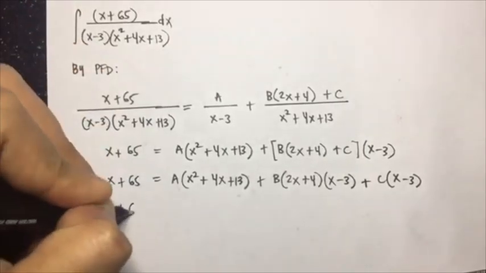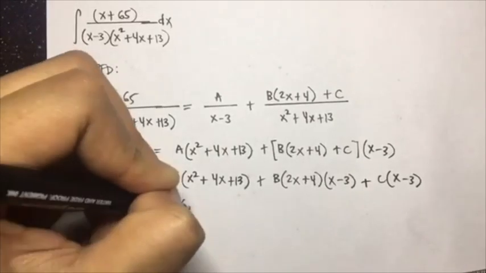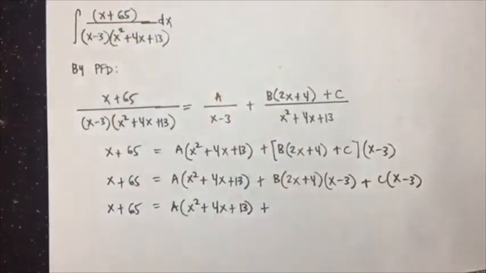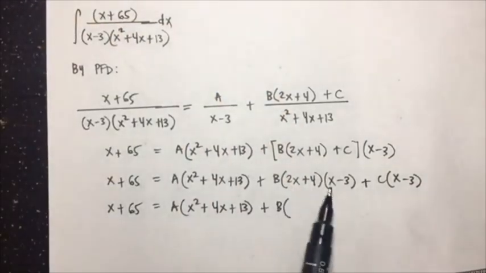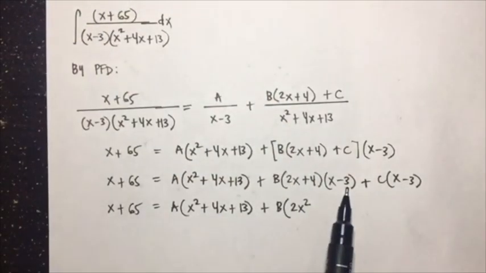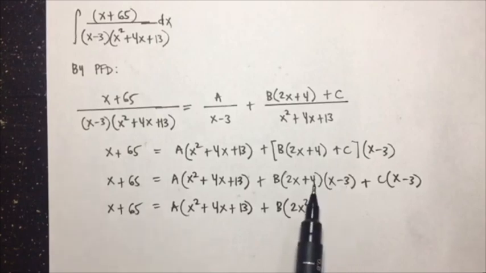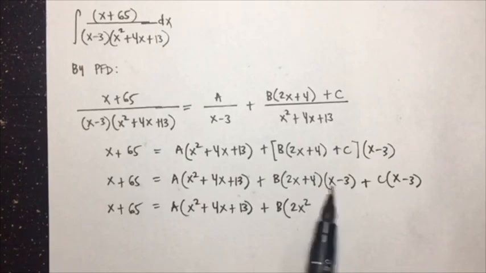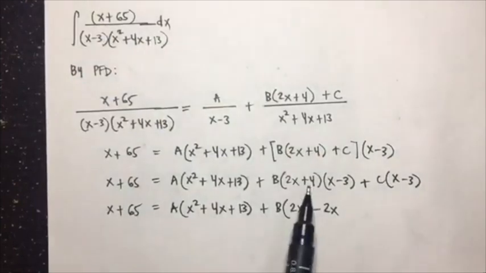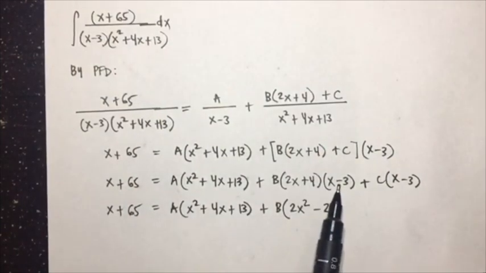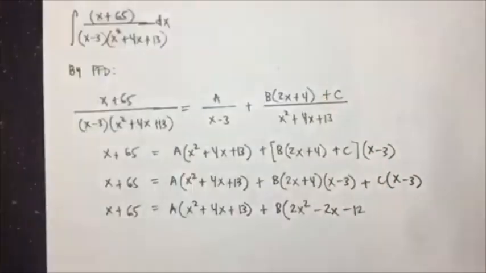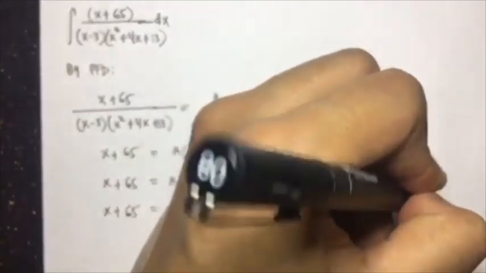So x plus 65 is equal to a times x squared plus 4x plus 13, plus b times: 2x times x is 2x squared, 2x times negative 3 is negative 6x, plus 4 times x, 4x, so negative 6x plus 4x is minus 2x, and then 4 times negative 3 is minus 12.